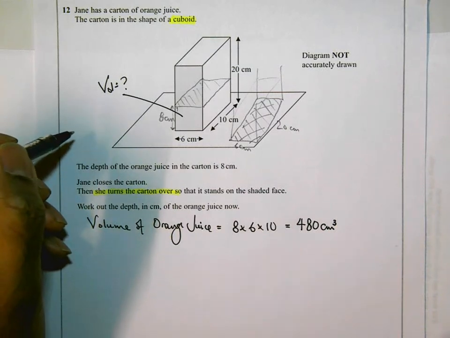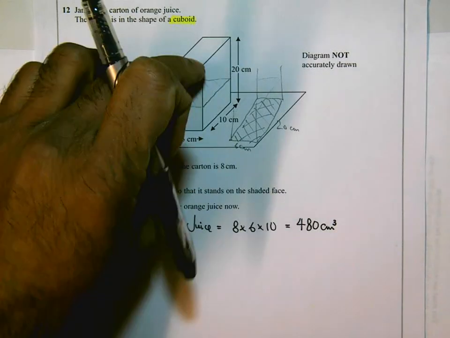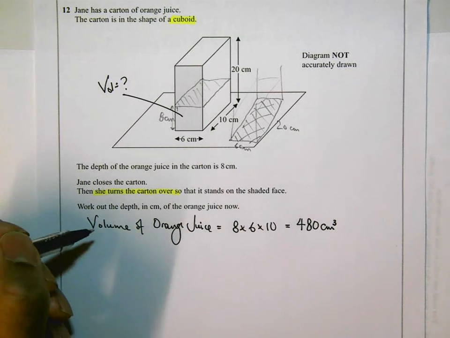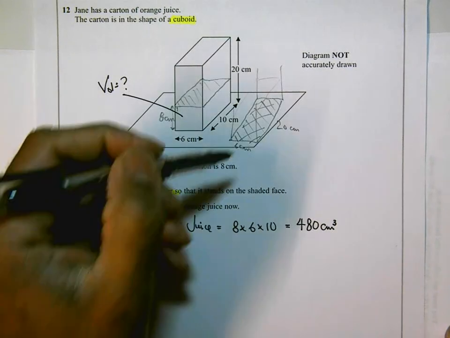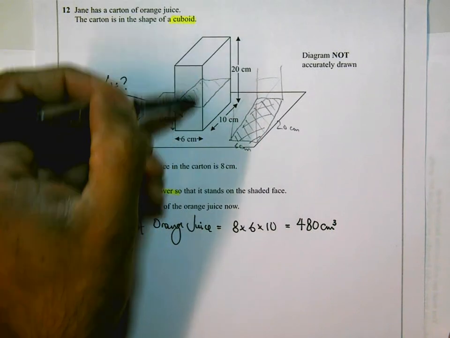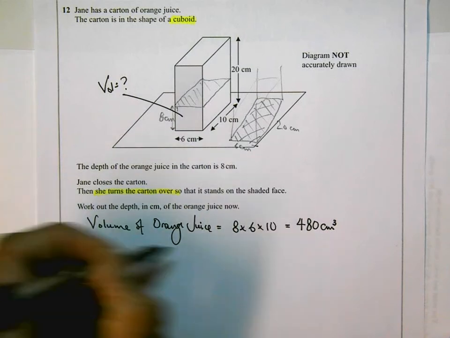Now, when you turn it over so that the shaded face is on the bottom, the amount of orange juice is still the same, but the dimensions are going to be different. That shaded face is going to be on the bottom. It's going to be 6 by 20.